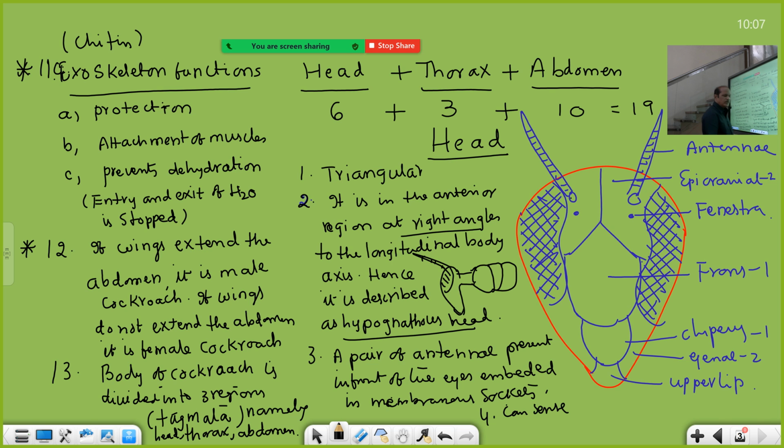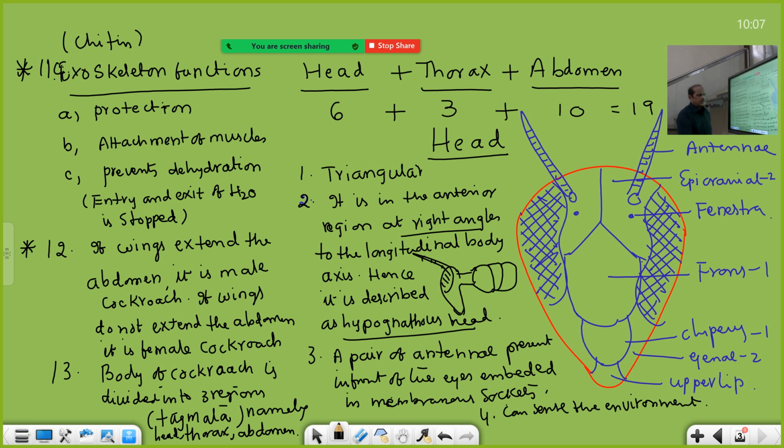Any changes in the environment can easily be sensed by these antennae. Sensing of the environment is the chief function of antennae, because they have smell receptors and they have touch receptors. Hence, they can sense the environment very easily. When they enter into a new environment, they can easily sense that.